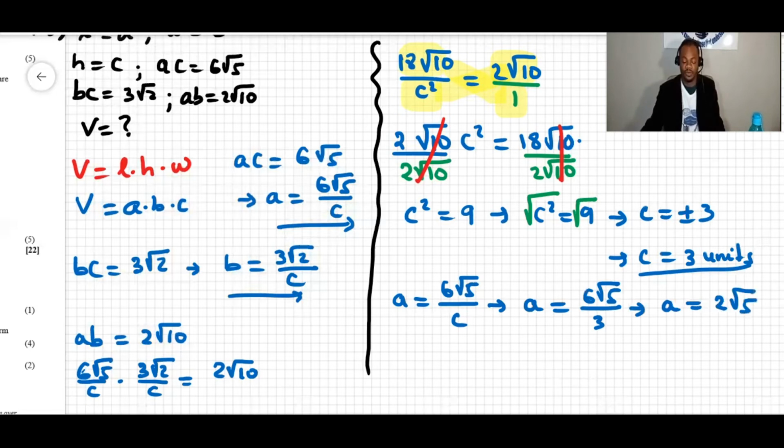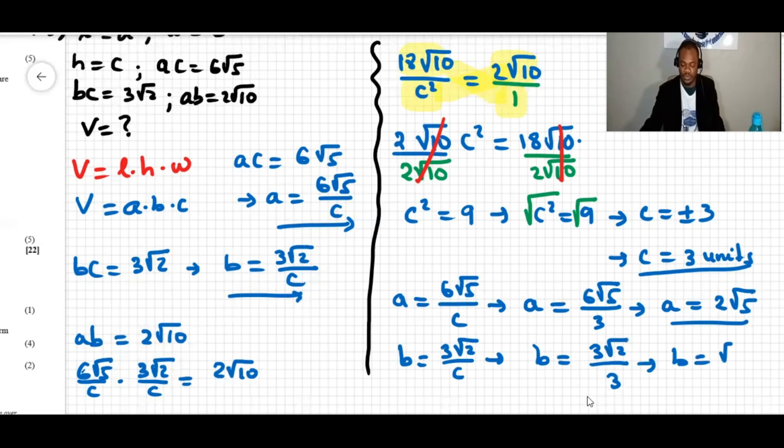Then we can also find B, because B is 3 root 2 over C. C is equal to 3, so sub 3 there, and that will make B equal to root 2.